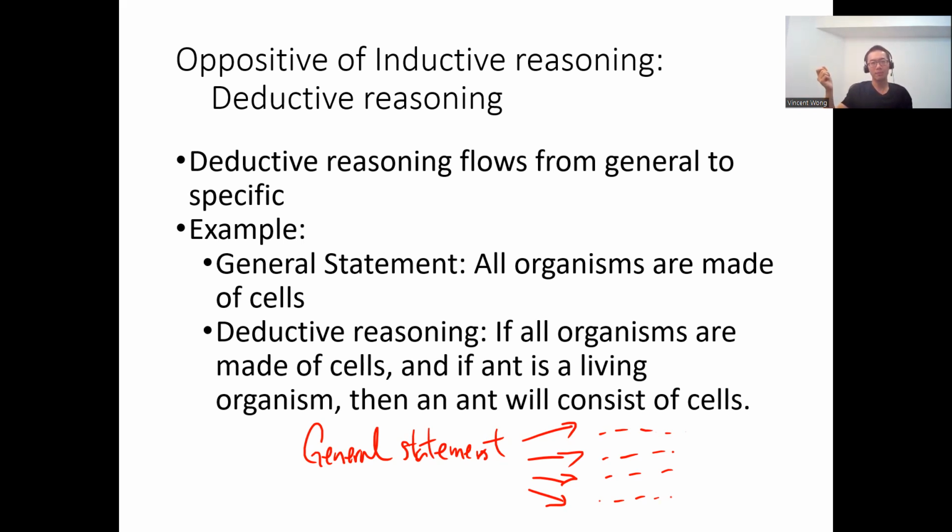Do you guys understand? So making many observations and then coming up with one broad statement, that's inductive reasoning. And when you apply it to different scenarios, going from general to specific, that is deductive reasoning.